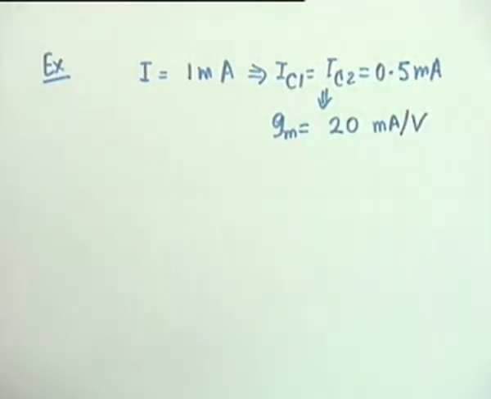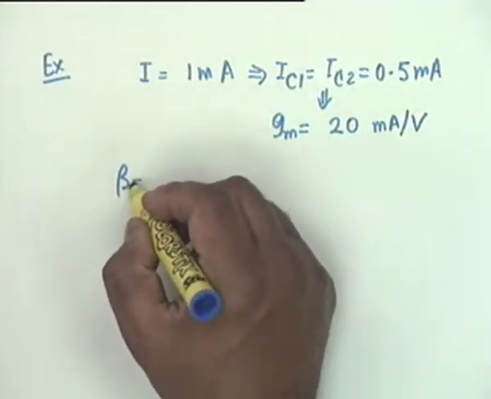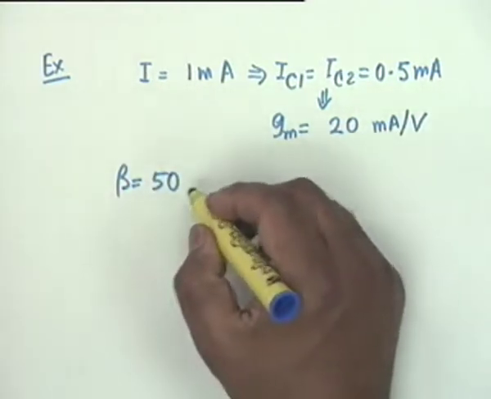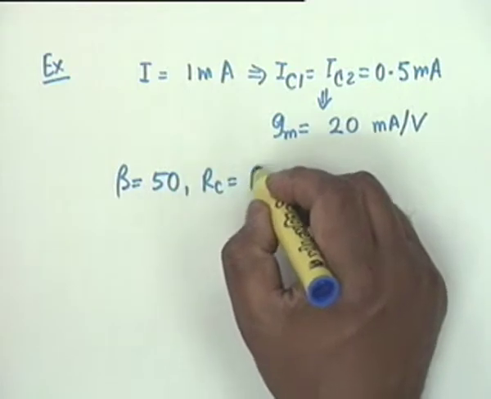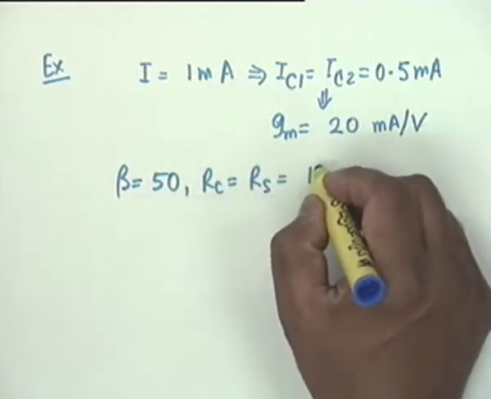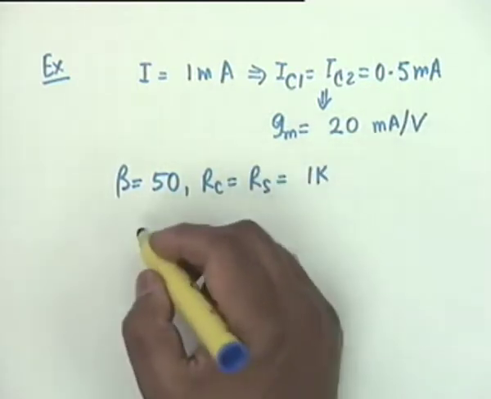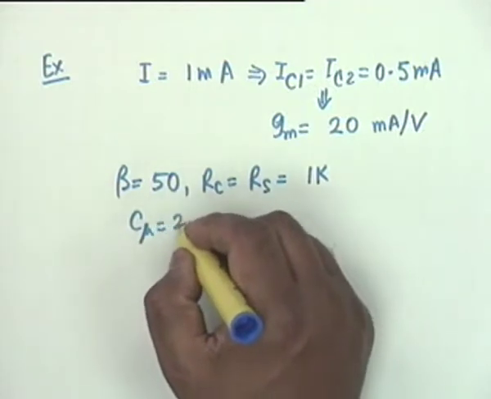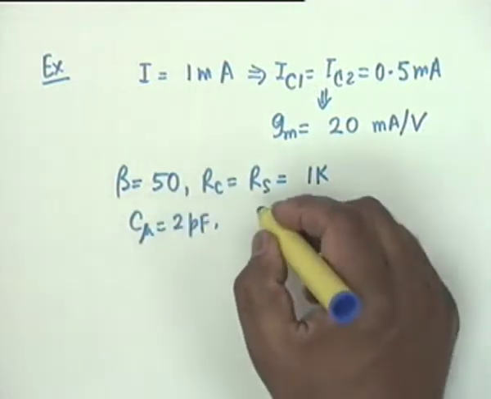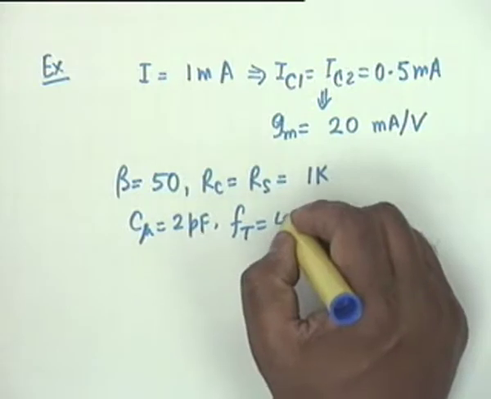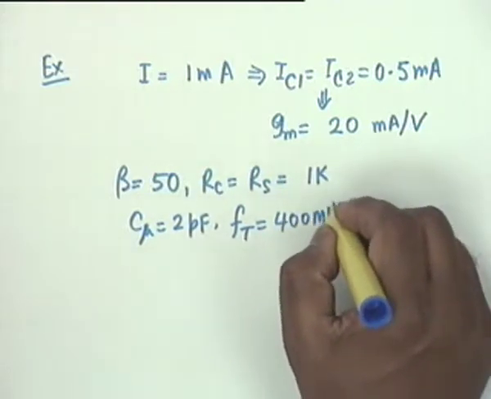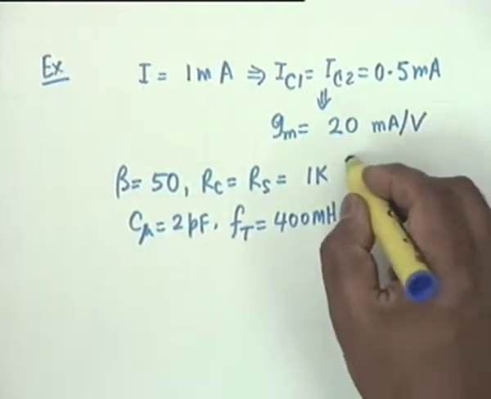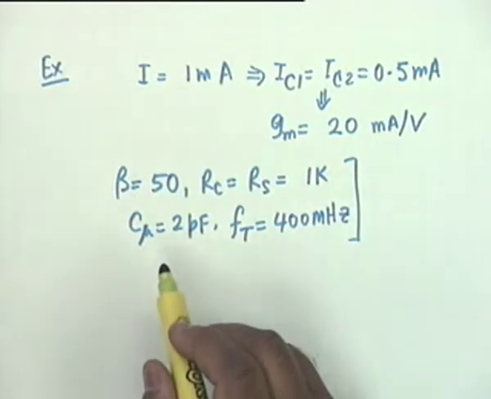Okay, GM is this. It is also given that beta is 50, R sub C and R sub S are both equal to 1K. C mu is given as 2 pF and Ft is given as 400 megahertz. From these you can find out R pi.